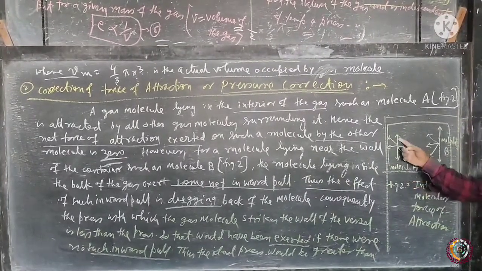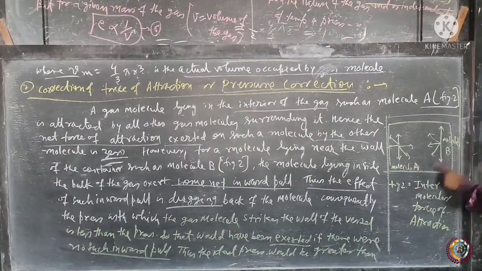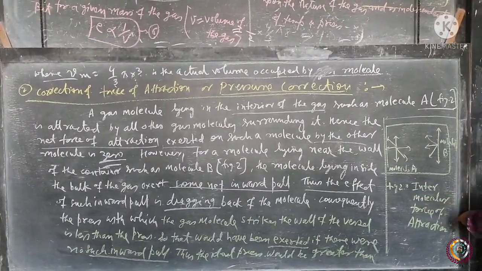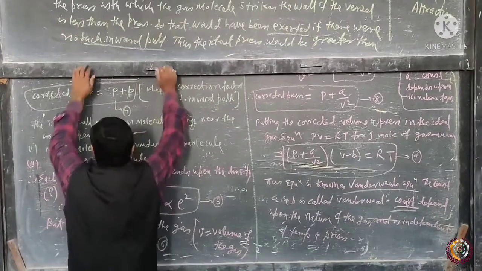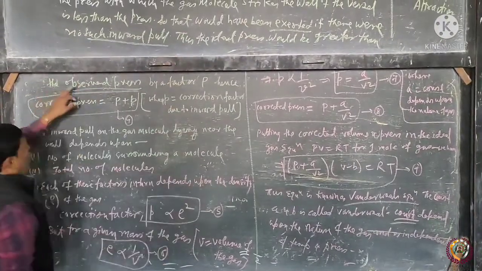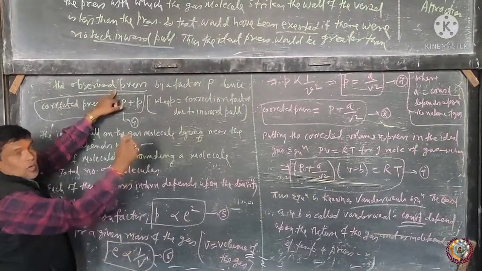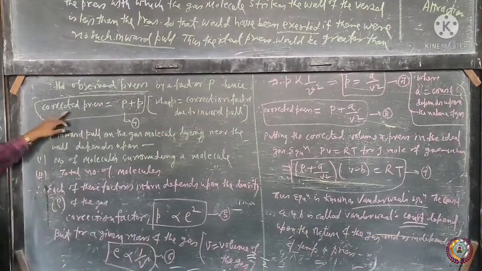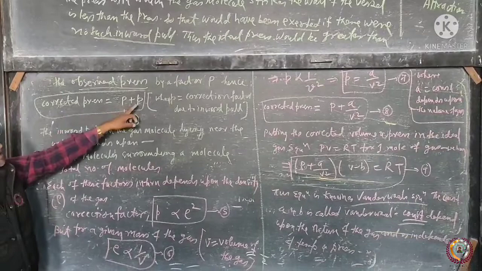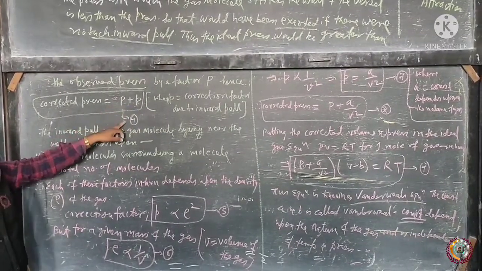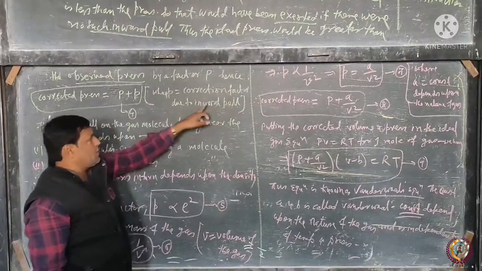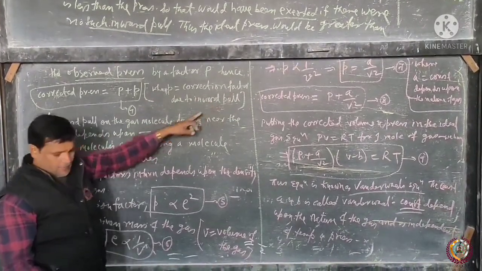This is molecule A, this is molecule B, and figure 2 indicates the intermolecular force of attraction. Hence, the corrected pressure is equal to P plus small p. This is indicated by equation 4, where small p is the correction factor due to the inward pull.